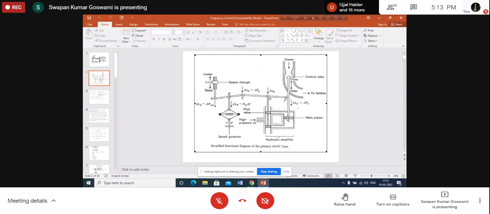But not only the volume, it will be decided by the cross section of this cylinder, by the amount of opening created by XD, and by the time for which the opening was created. Am I clear? That means oil volume will depend upon the time for which oil has moved from here to here, and how much was the opening here. That will decide the oil volume.